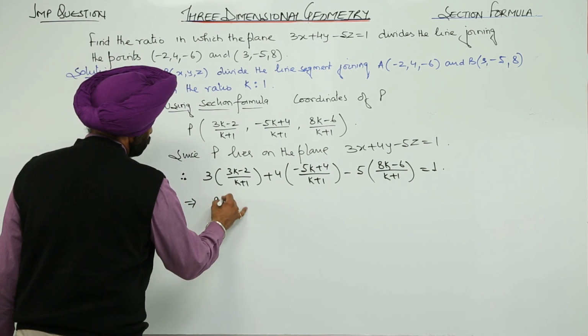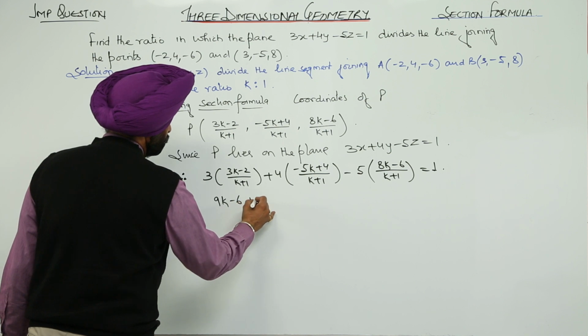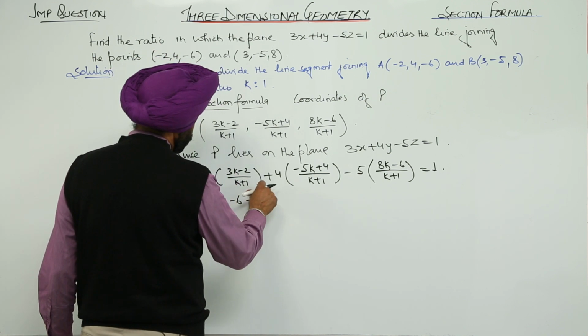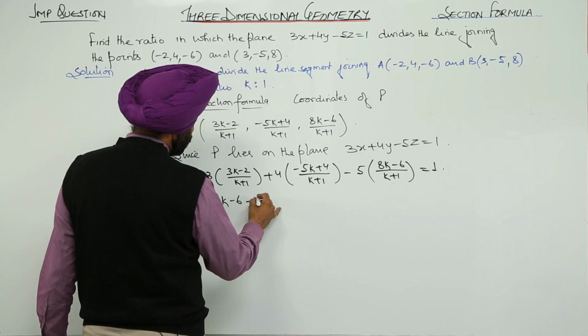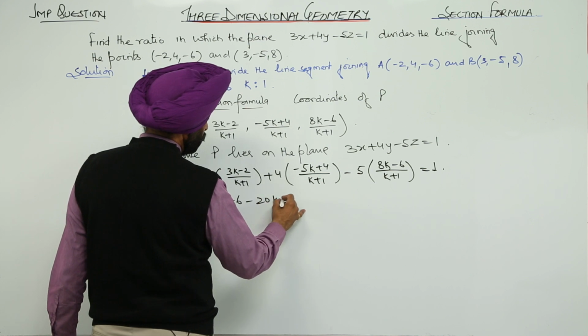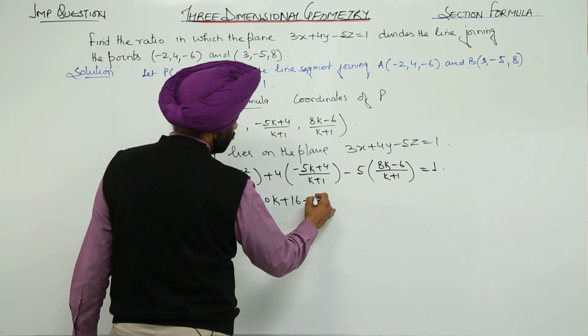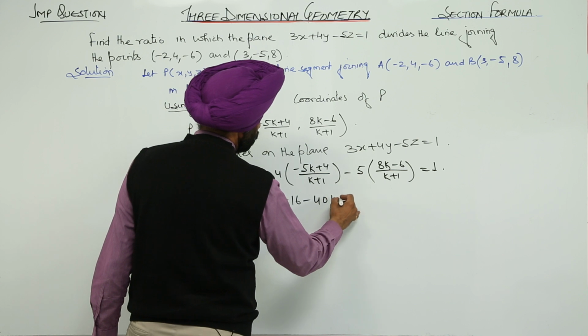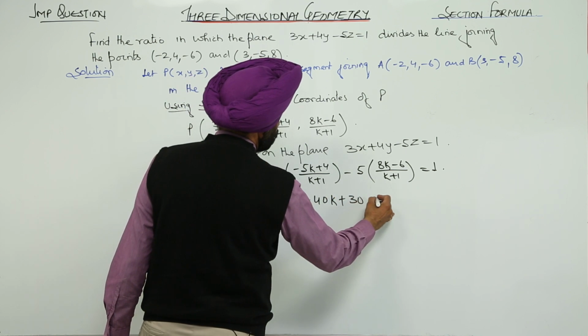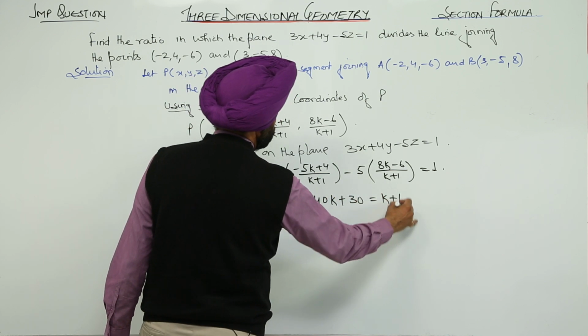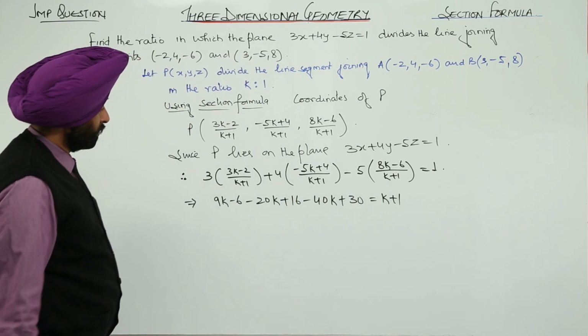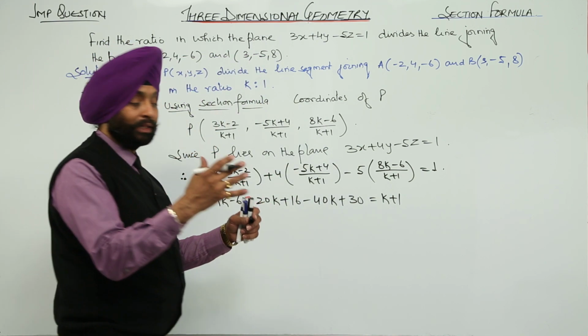Now, this becomes 9k - 6 - 20k + 16 - 40k + 30 = k + 1. Okay. Taking LCM.